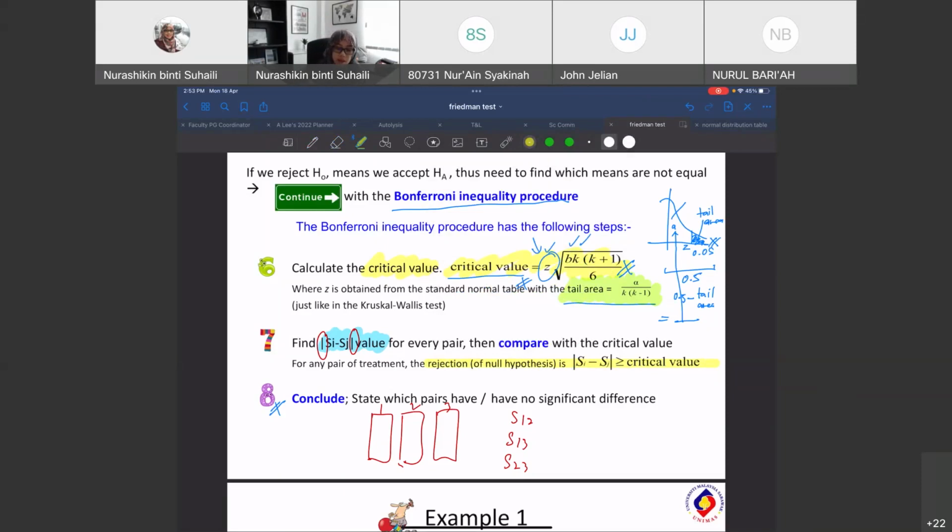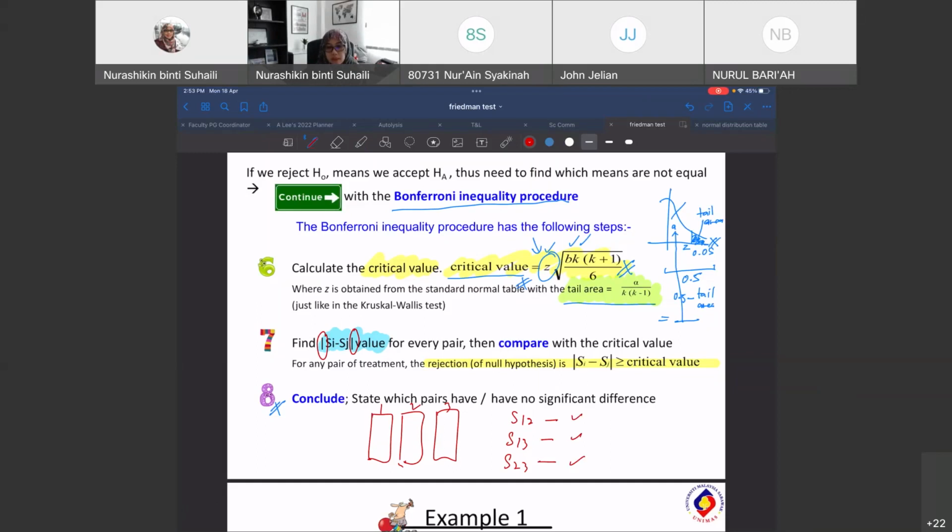So it means that for every pair, you would make a conclusion whether it accepts or rejects the null hypothesis. So if it accepts the null hypothesis, it means there is no difference between sample 1 and sample 2. That's what it means. Okay. So you have to come up with conclusions for every pair.